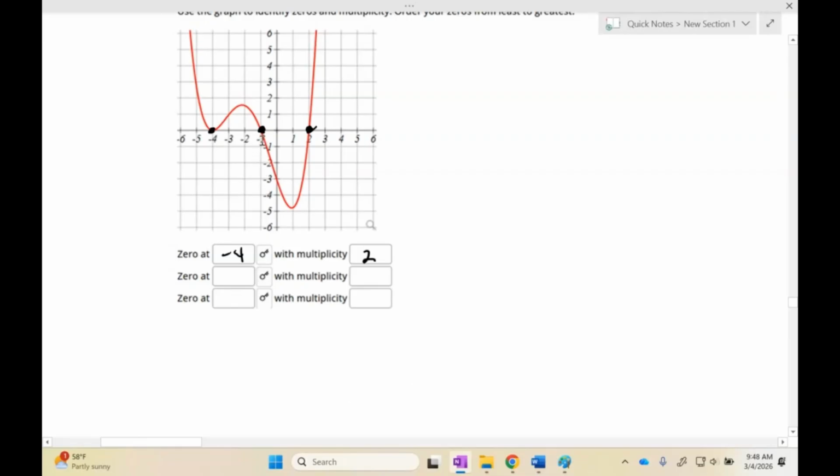We have a 0 at -1, and it goes straight through the x-axis, so that has a multiplicity of 1. We also have a 0 at 2, and it goes straight through our x-axis, and that has a multiplicity of 1. So if it goes straight through the x-axis, the multiplicity is 1. If it bounces, then it has a multiplicity of 2.